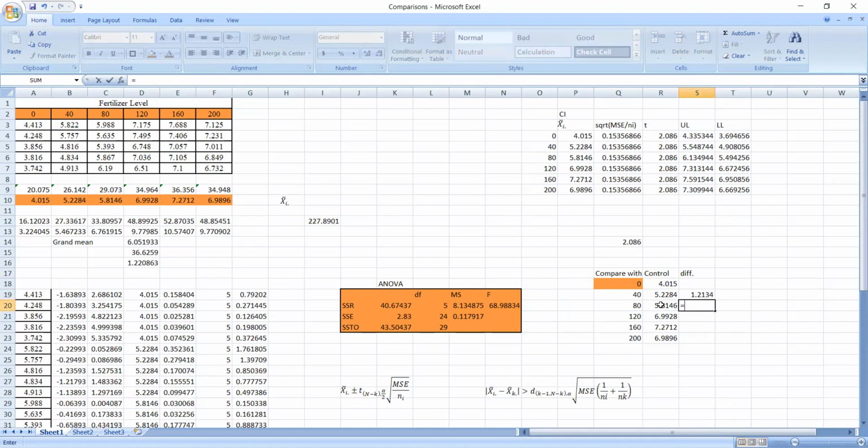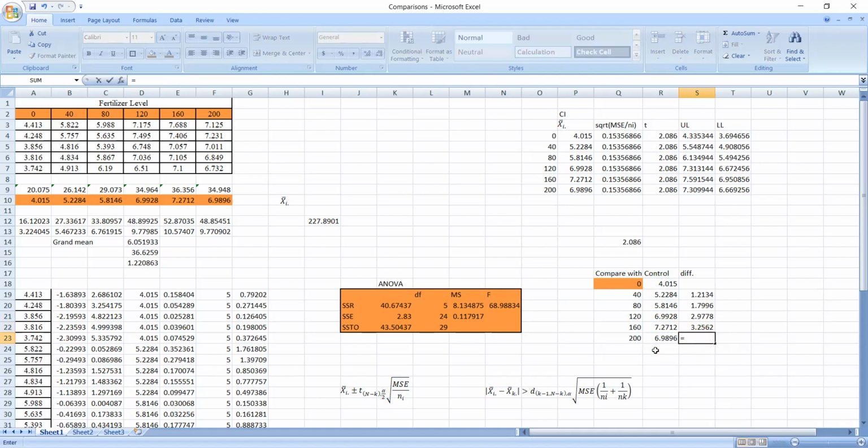That is, the mean value of this treatment level is 5.81, and the control mean is this. So the mean value for this one is 6.99, and for the control is this. And the mean value for this one is 7.27, and control is this.